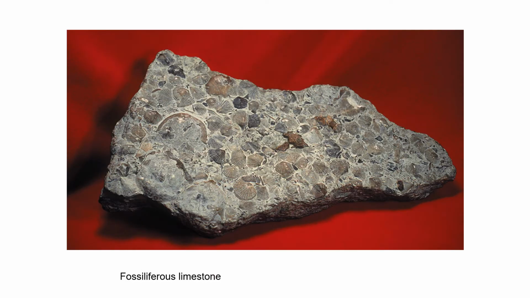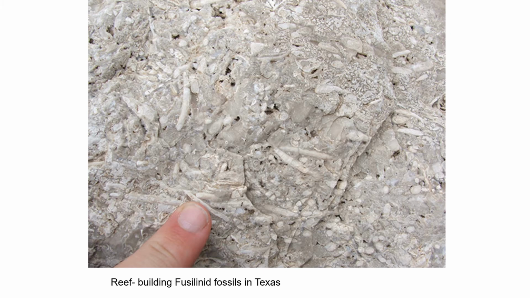So this is fossiliferous limestone. You've got no problem seeing the clasts in here. The shells haven't been recrystallized at all. They've just been cemented together. What you're looking at here is a fossilized reef structure, coral reef structure. This is in Texas, and we don't normally think of reefs being common in Texas, and they're not present day.